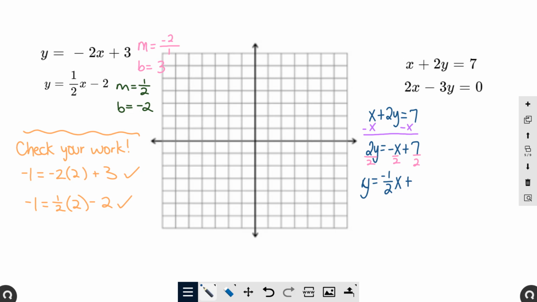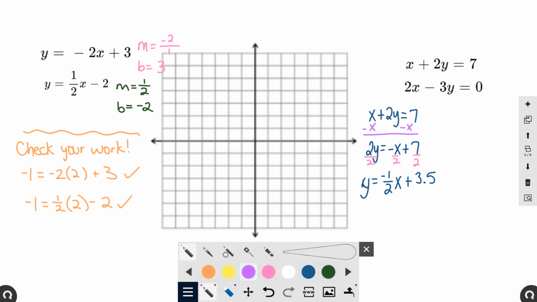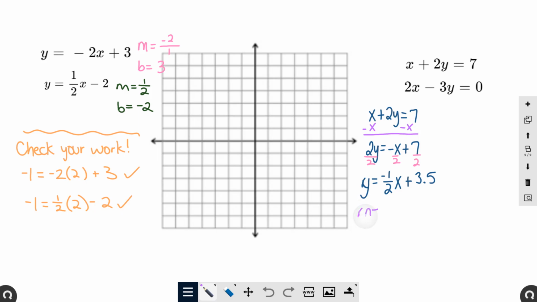No, it would make more sense to say it as a decimal, right? So 7/2 is what as a decimal? 3.5. So leave that y-intercept as a decimal and leave your slope as the fraction to make it easier to graph.